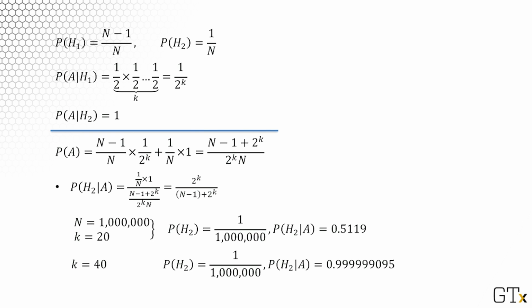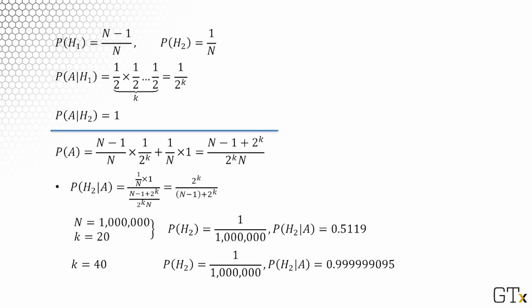Well, this is total probability. It is n minus 1 over n, which is the probability of hypothesis H1, times 1 over 2 to the k, which is the probability of A given H1, plus 1 over n, which is the probability of hypothesis H2, times 1. And when you do this algebra, you get in the numerator n minus 1 plus 2 to the k, and in the denominator 2 to the k times n.